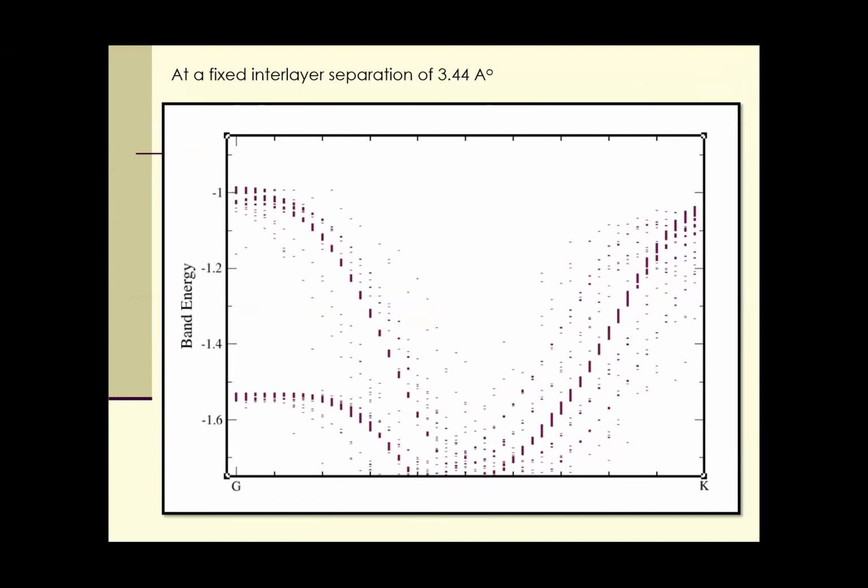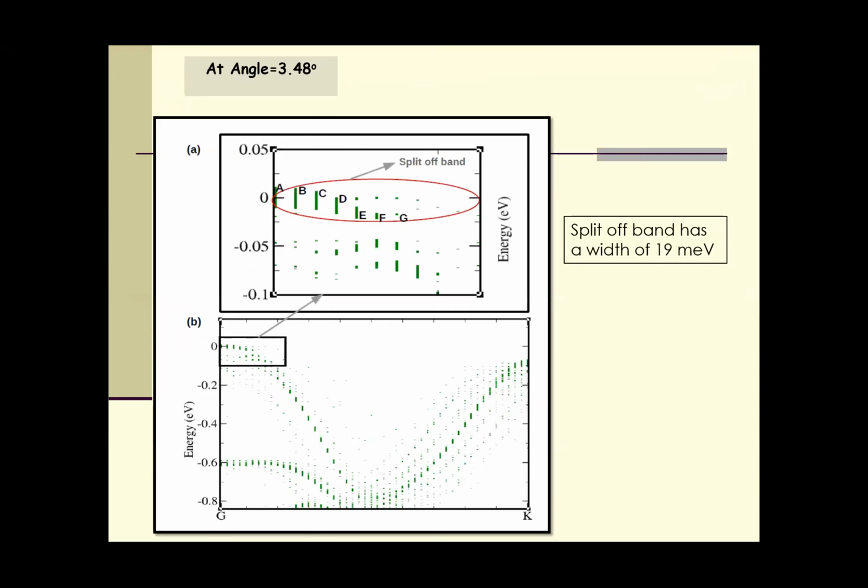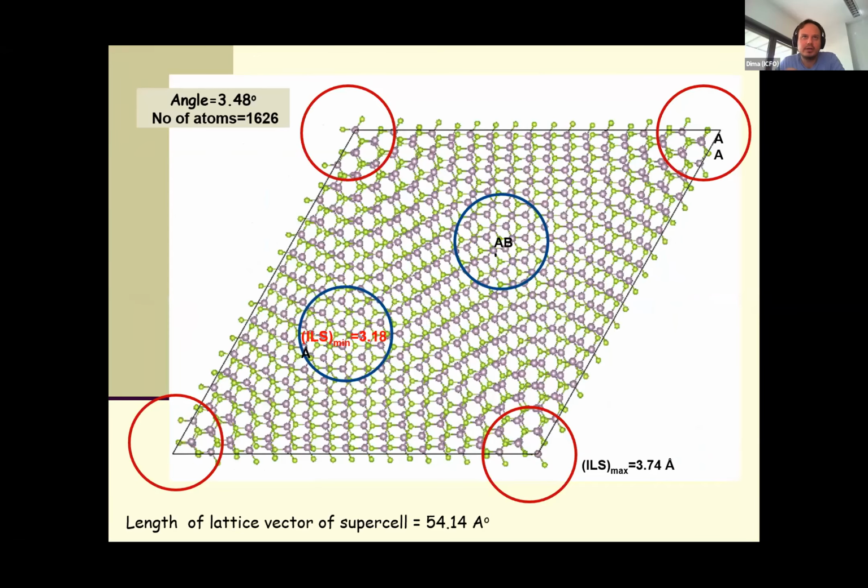I have considered 3.5. The main idea that I want to indicate is that you have these regions where you have a particular type of stacking. And so the interlayer interactions are much stronger in that region compared to the other regions.